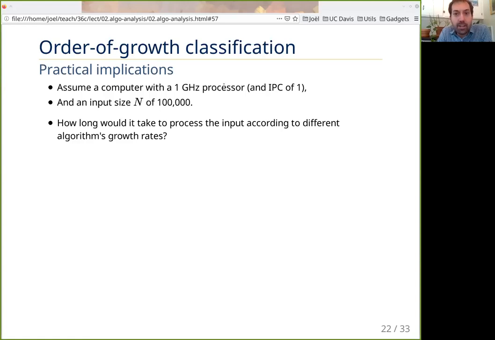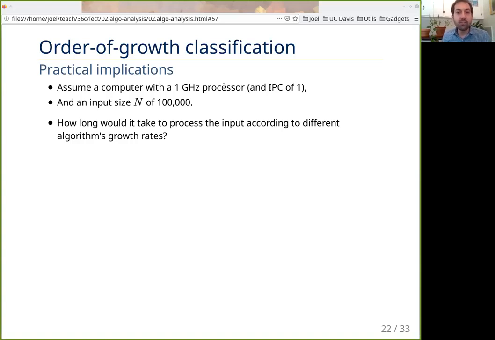Or if you do some machine learning, you want to model the brain of a lobster, which also has about 100,000 neurons. And we can agree probably that the brain of a lobster is not that big. So that's your input size.